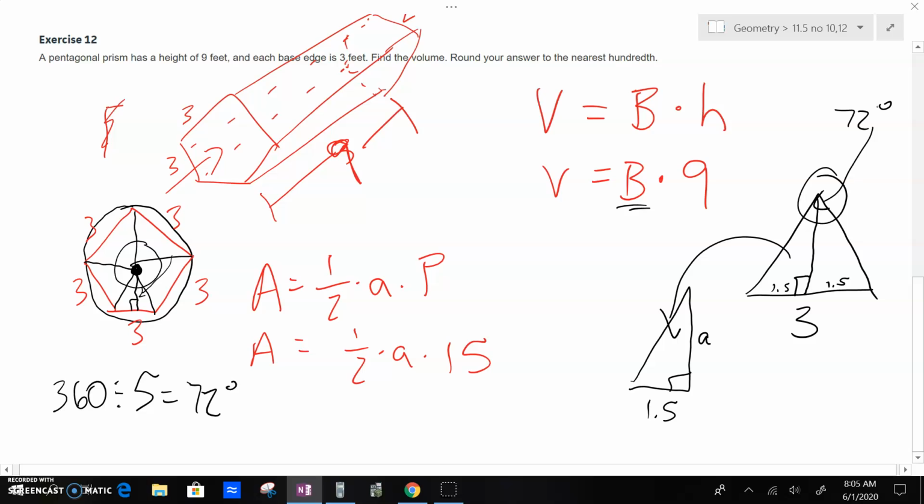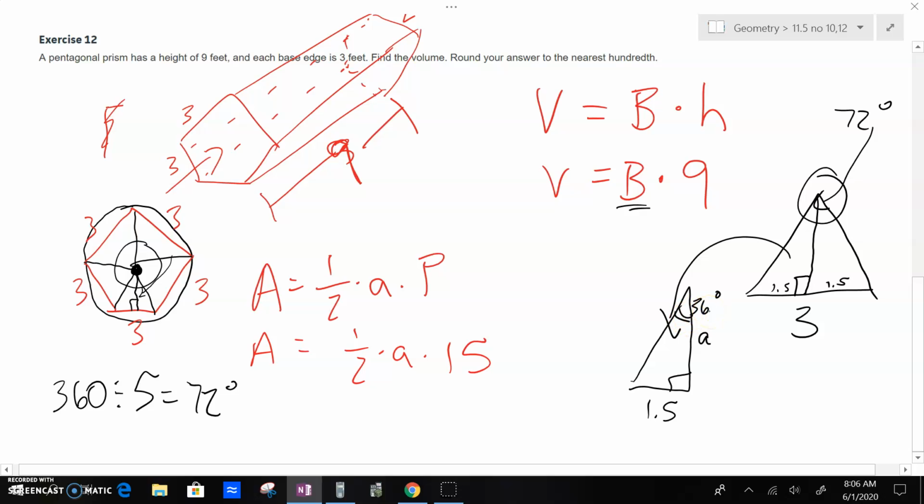If I split 72 in half, that gives me this one right here to be 36. So that's a 36 degree angle that I just marked in there. I've got 5 of these triangles that fit in there, inside a circle, which means I've got to use up 360. Divided by 5, I get 72. Then I'm going to split that triangle in half, and that takes that 72 and gives me 36 degrees to be this upper angle up here.